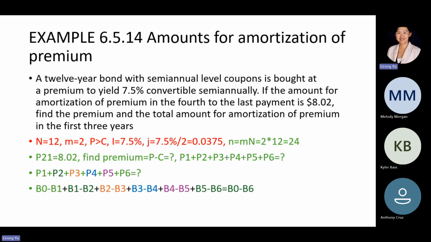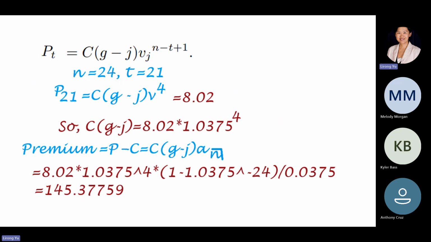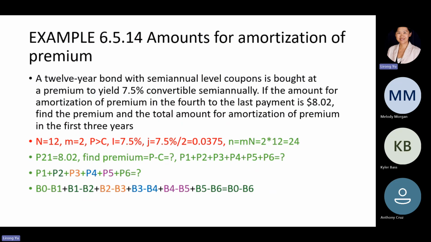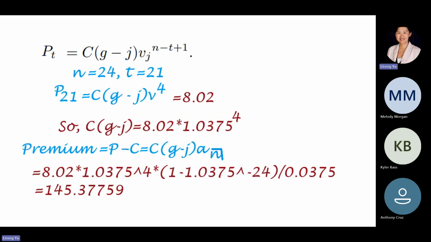Are we okay? Right, so I'm trying to slowly analyze this as a thinking process. All right, so now the single important piece of information is P21 equal to 8.02. I want to figure out how much information that carries. So I pull out the formula for PT. From the previous content, we have a formula for IT and PT, and I try not to use it too much because it's the actual formula we have to follow.